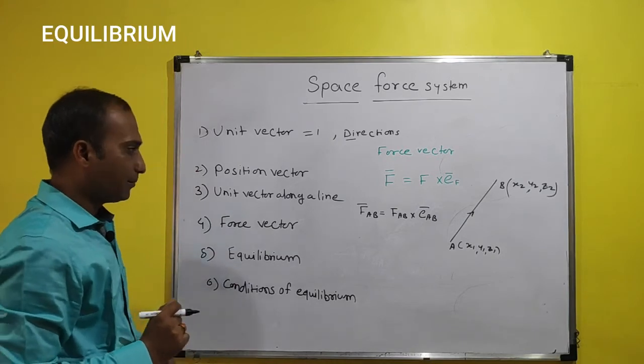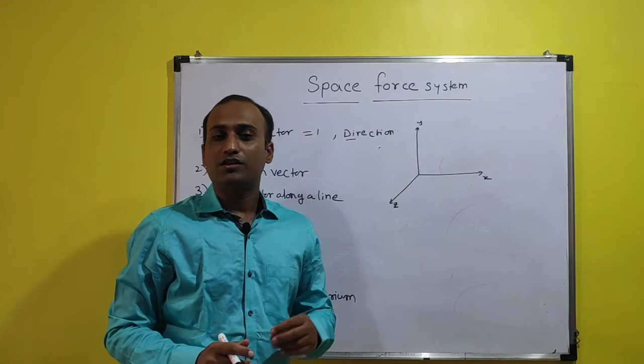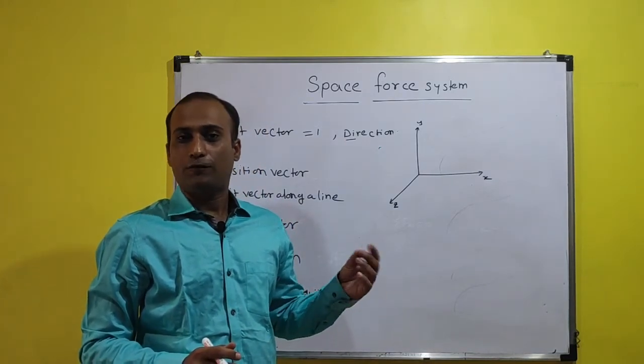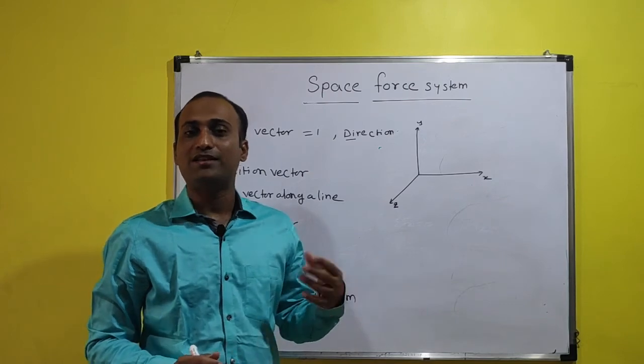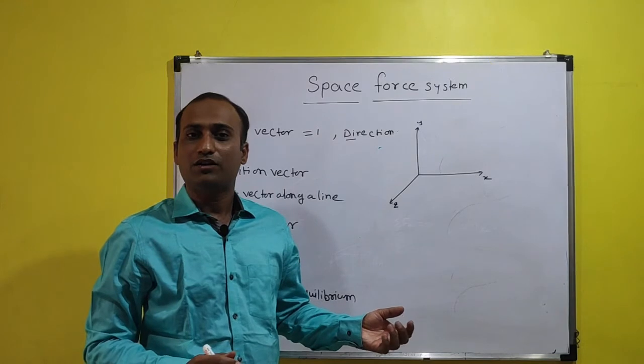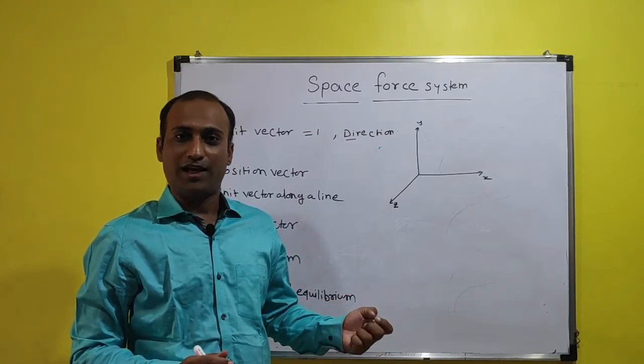So now equilibrium. So we will see what is equilibrium. Equilibrium means the resultant of a system is zero, meaning the resultant force as well as the resultant moment is zero. It is called the equilibrium of the system. In space also it is applicable.